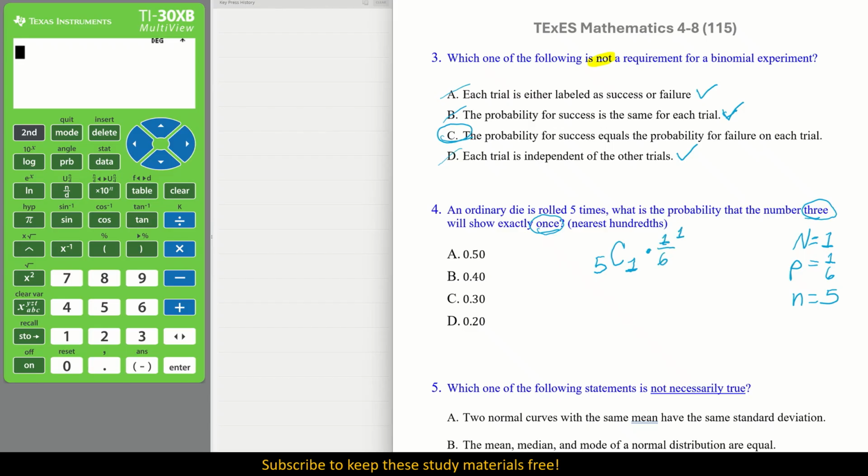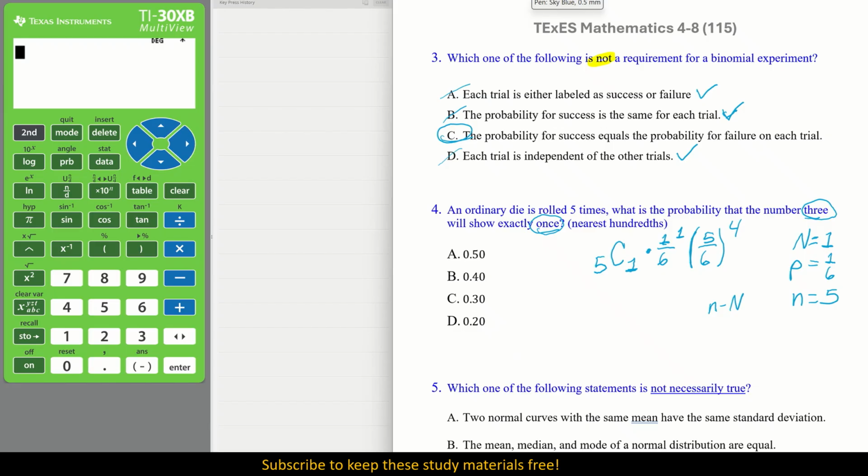We only want that to be seen once, so N is 1, capital N. Remember, not happening is 5 out of 6, and that exponent is the number of trials minus the desired success, so 5 minus 1 is 4.